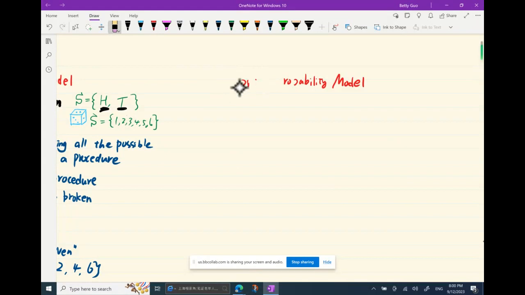Let me rewrite this. Empirical. Empirical means based on experiences, right? Yeah, probability model. And it's easy. Why is it easy? If the model is not classical, it's empirical.